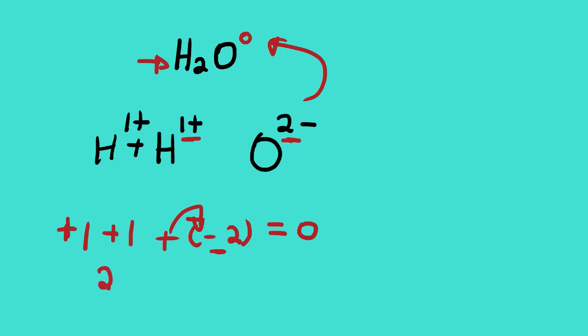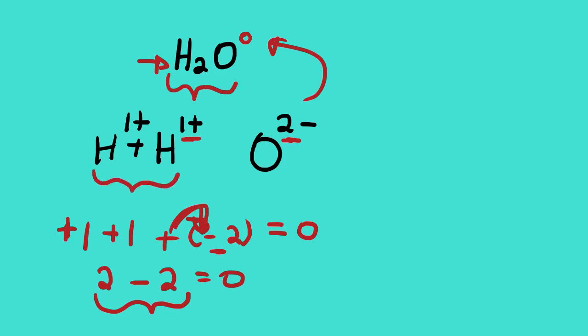Now this 2 multiplied by this negative 2, and you can see that indeed this side is equal to 0. So in order for us to form H2O, we need 2 hydrogen atoms and 1 oxygen atom. Since we have 2 hydrogen atoms, we write H2, meaning that we have 2 atoms of hydrogen and 1 oxygen.